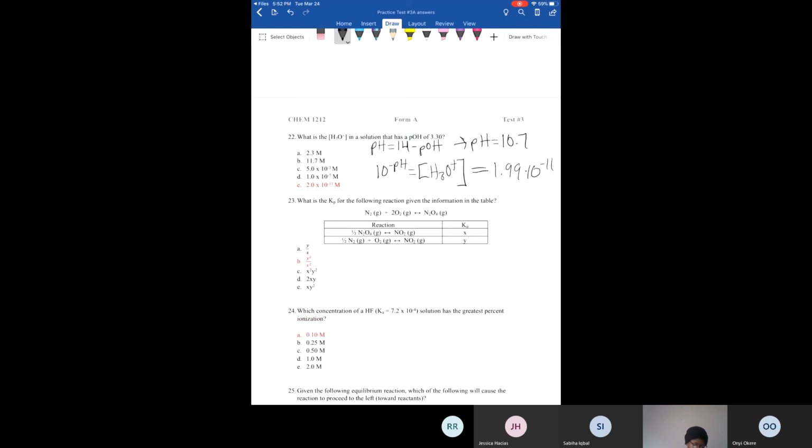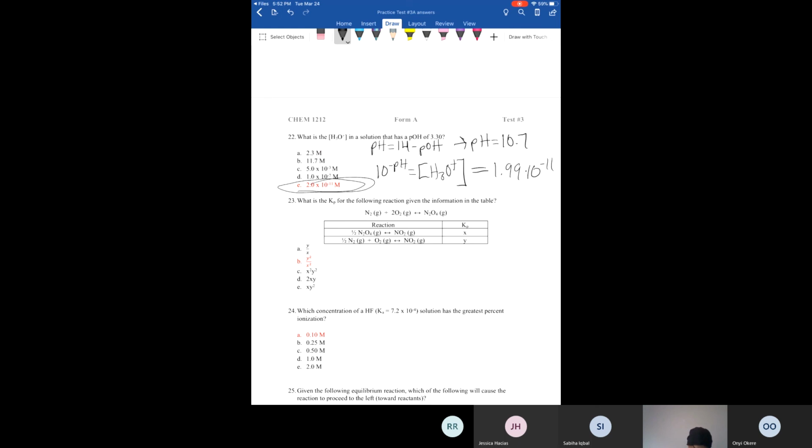Yeah, so it's that answer. In this case, technically you would have to round because it's 1.995. You round up the 9, round up the other 9, get 2.